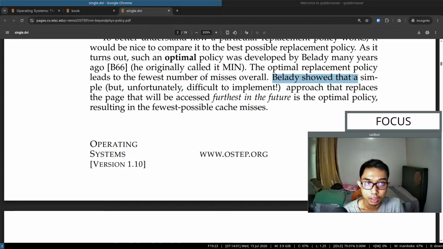Belady showed that a simple but unfortunately difficult to implement approach that replaces the page that will be accessed furthest in the future is the optimal policy, resulting in the fewest possible cache misses.